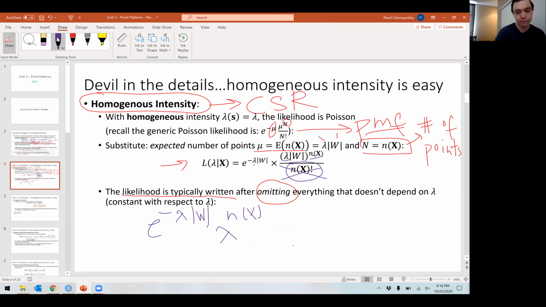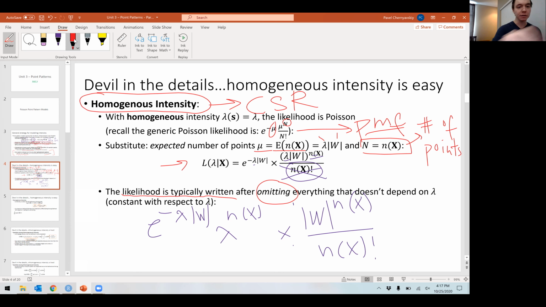All right. And then I will have times the area of my observation window to the power of how many points I have divided by however many points I have factorial. Notice that this entire term doesn't have lambda in it.